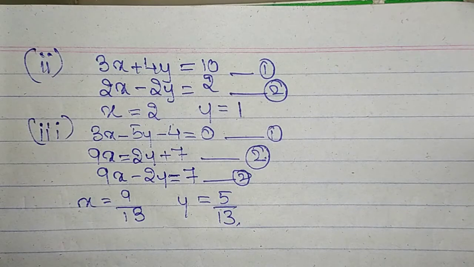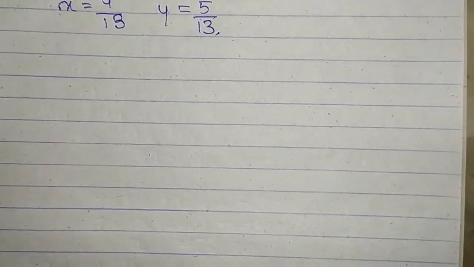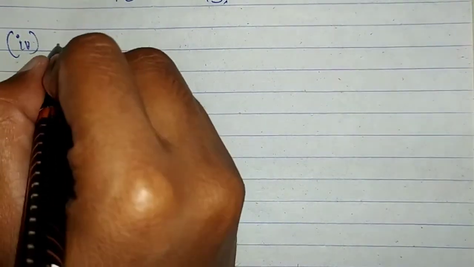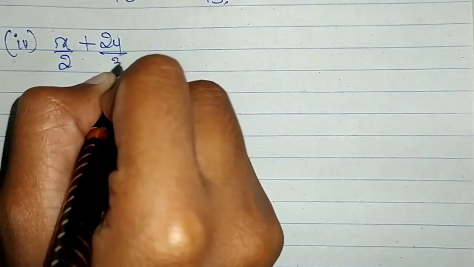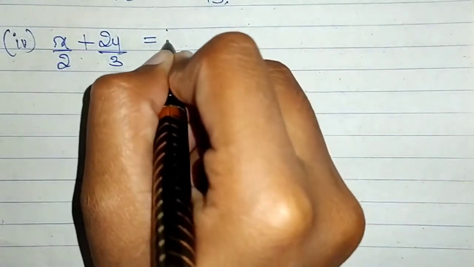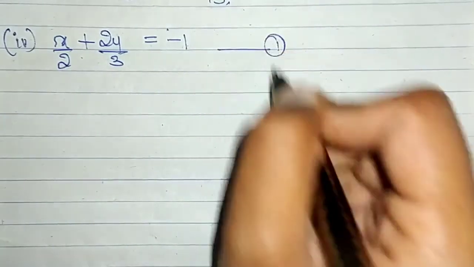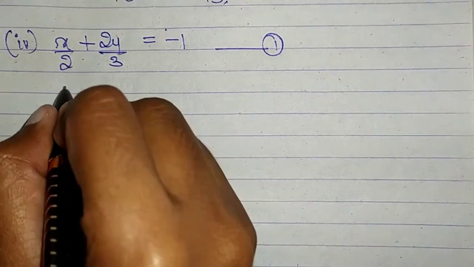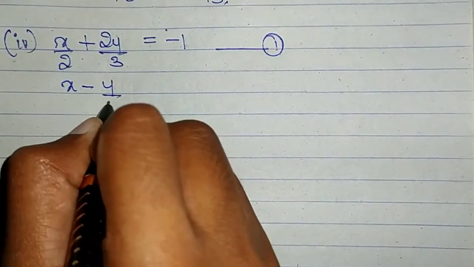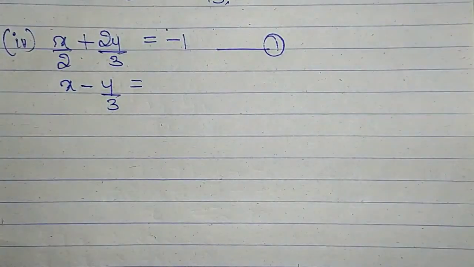So moving on to the fourth set of equations, x by 2 plus 2y by 3 is equal to minus 1. This is the first equation. And then x minus y by 3 is equal to 3.